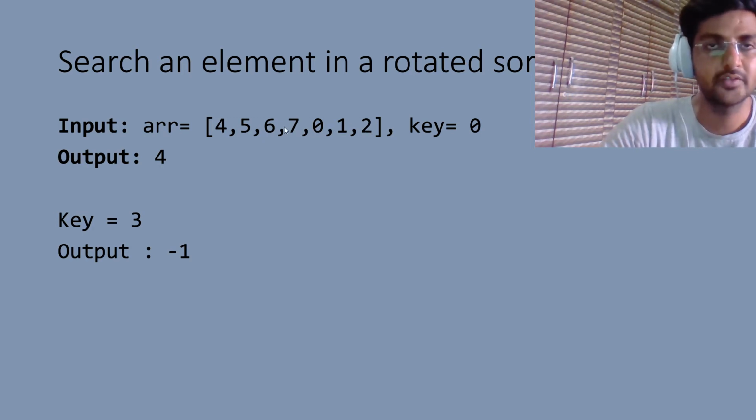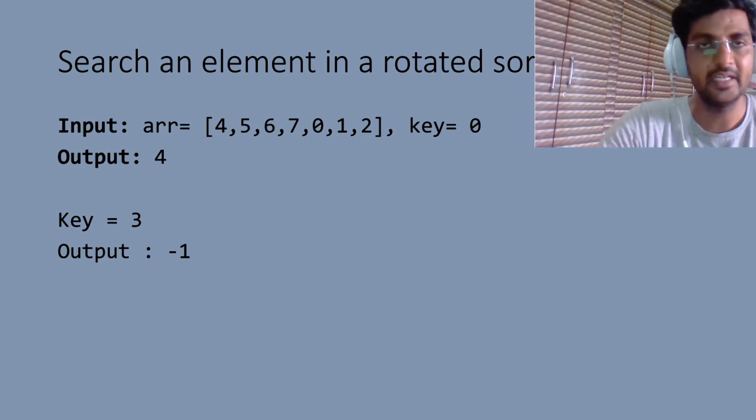Let's take one case: our middle came in the range of 4 to 7. I know this part is a sorted array. So first check if your middle element is greater than the low, which is 4.